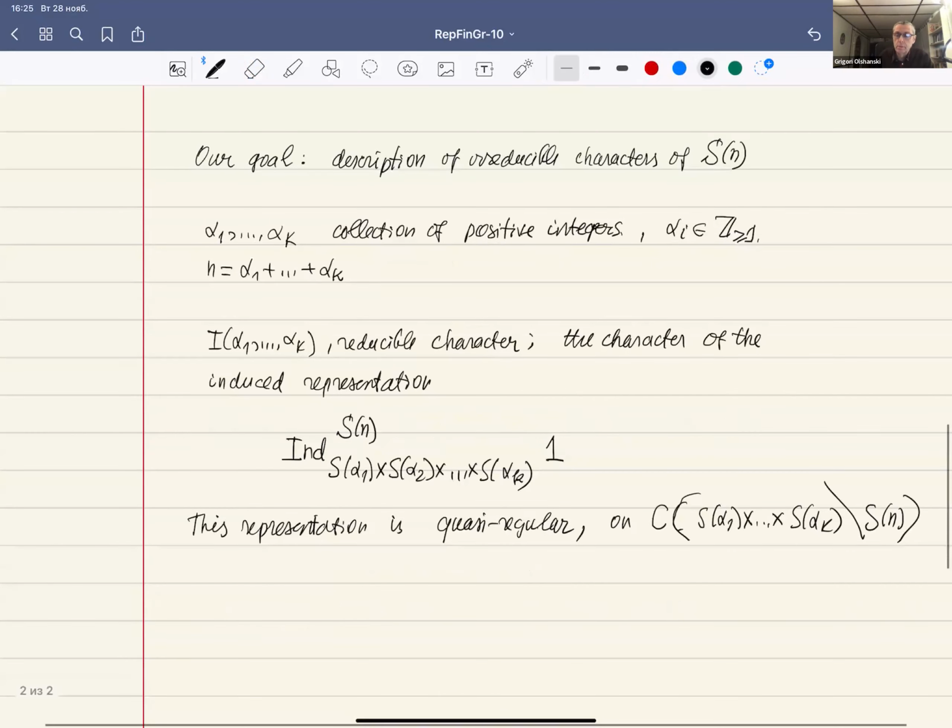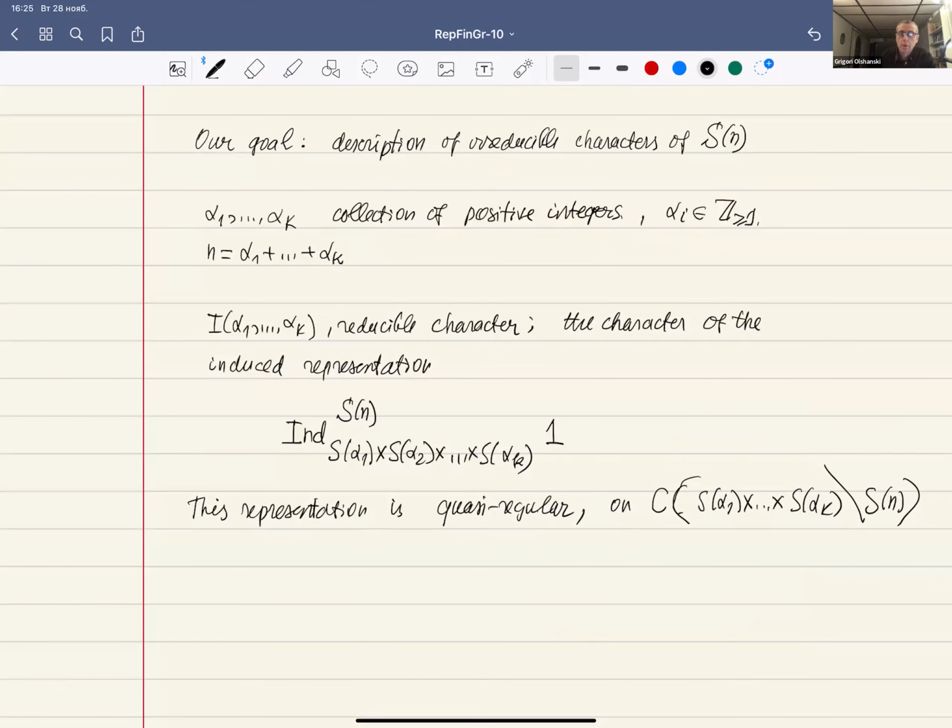So this is probably the simplest representation which we can fabricate from some natural subgroups of the symmetric groups.